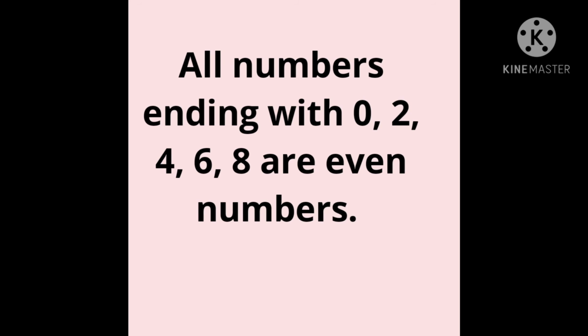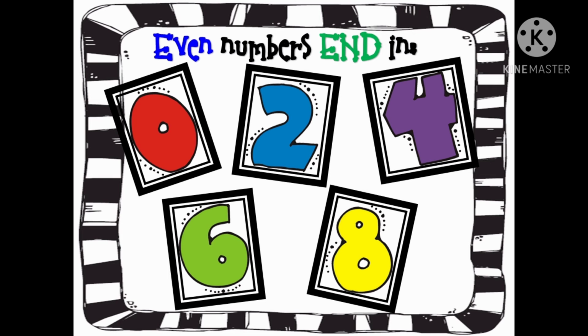All numbers ending with 0, 2, 4, 6, 8 are even numbers. Let's understand with an example.